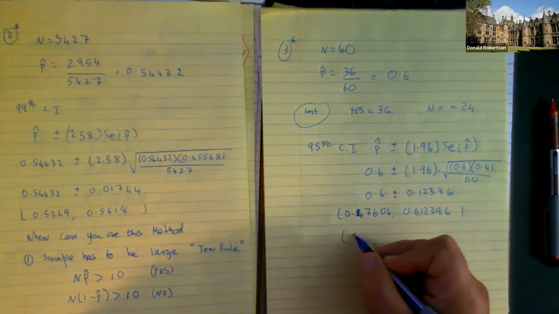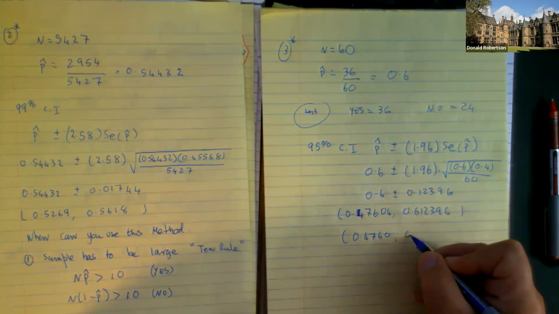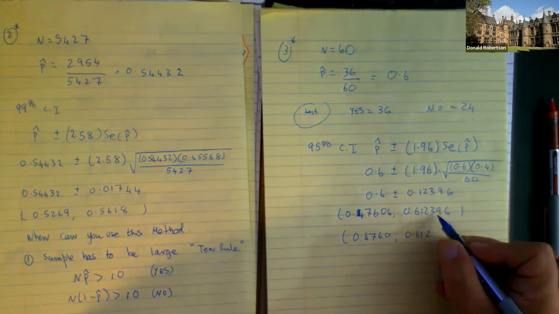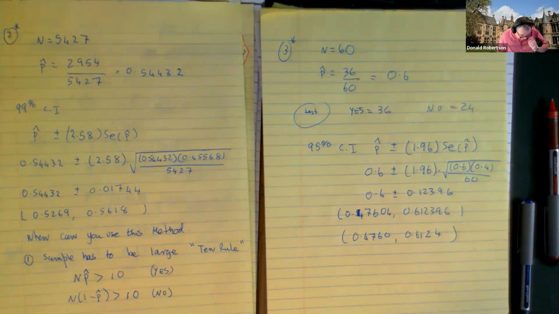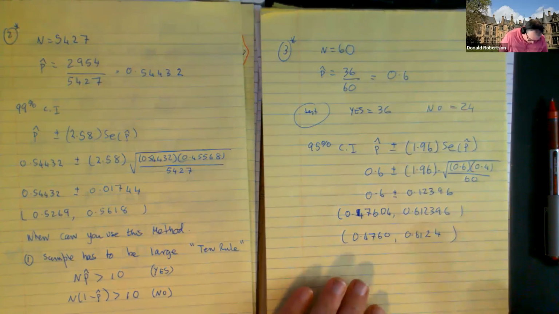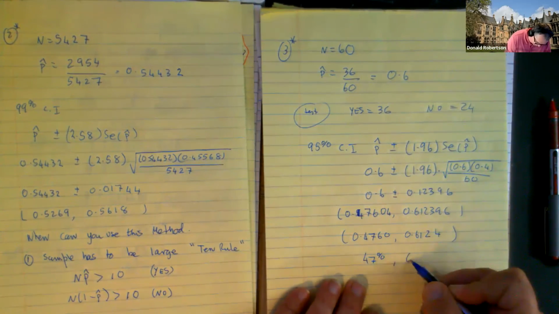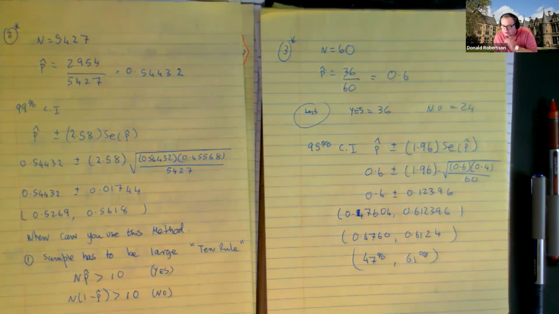I should have rounded that off. 0.4764 and 0.6124, I believe that sounds right. So somewhere between 47 and 60, let's just make it really very round numbers. So somewhere in that range are extroverts.